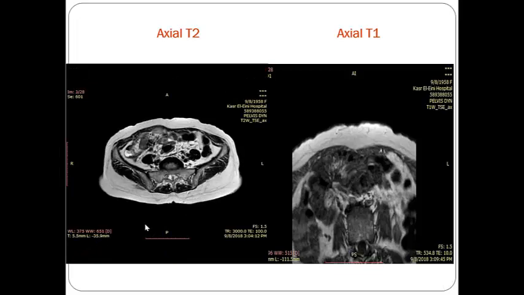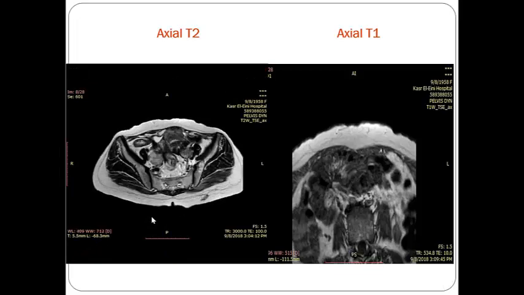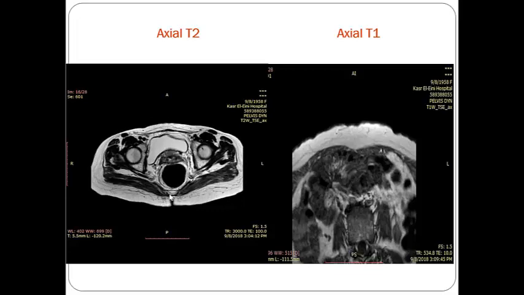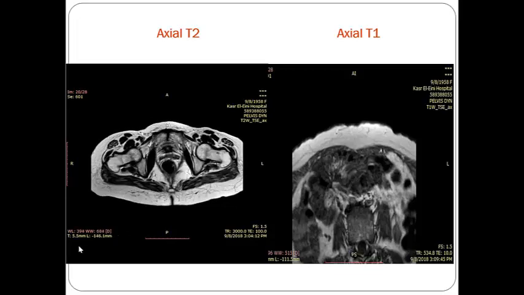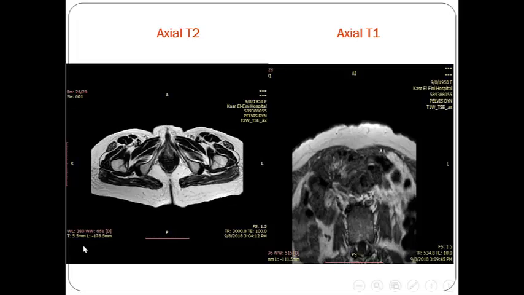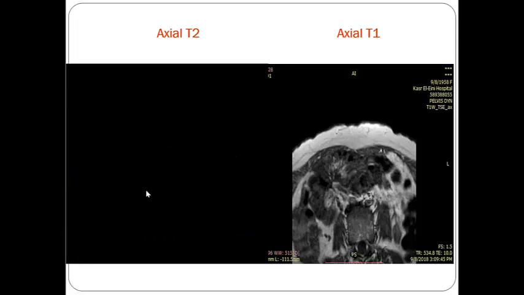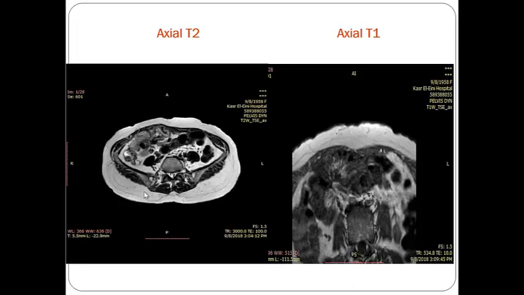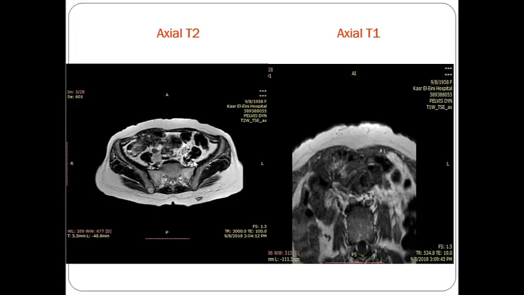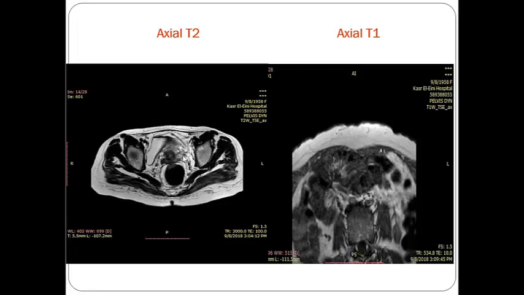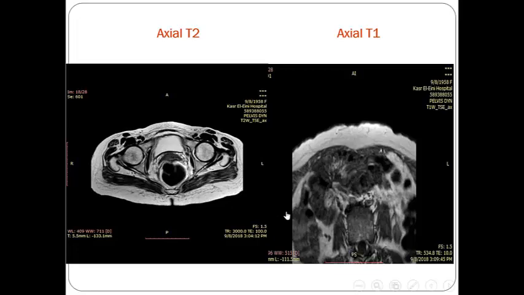This is axial T2. Again, this is the uterus. And what about the ovaries?